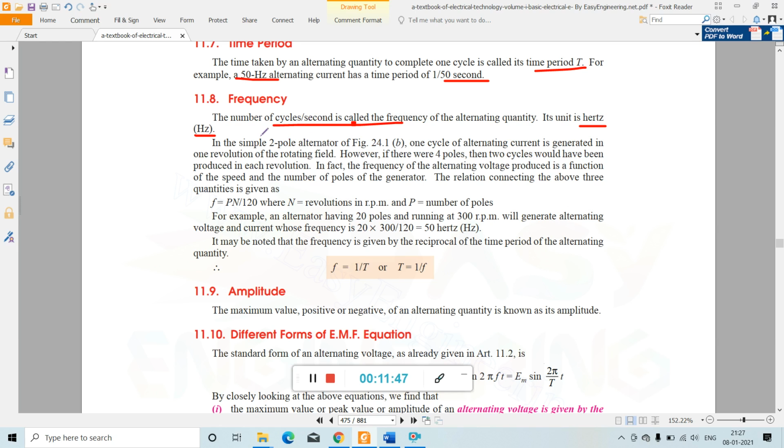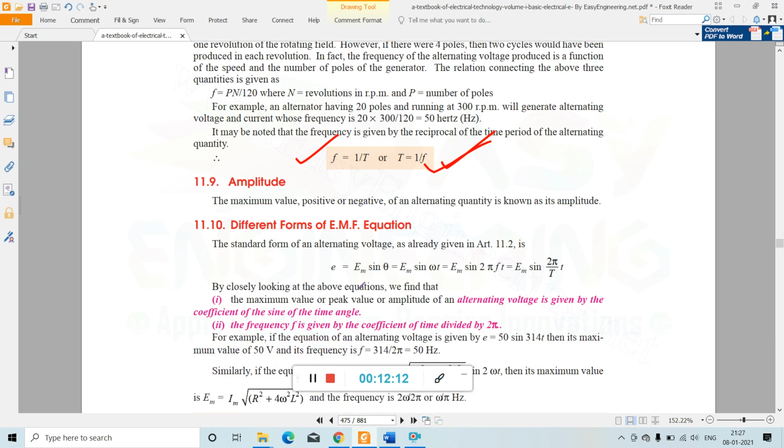Per second, how many cycles are going on, that is your frequency. The formula for frequency is f is equal to 1 by T, where T is the time period. Frequency and time period are reciprocal to each other, or we can write T is equal to 1 by f. This is the most important formula, the relation between frequency and time period.